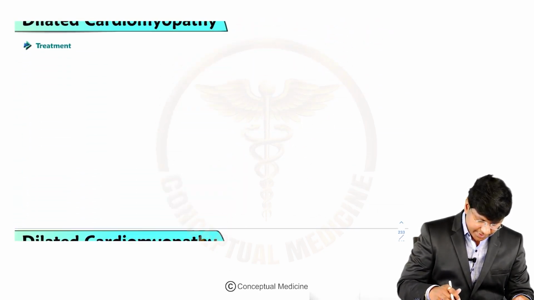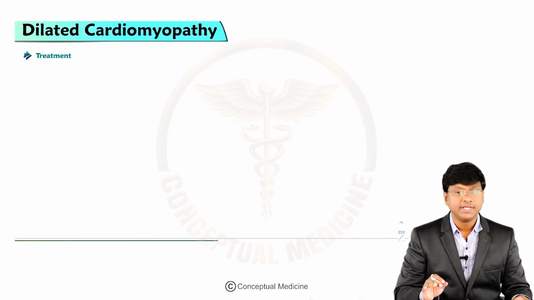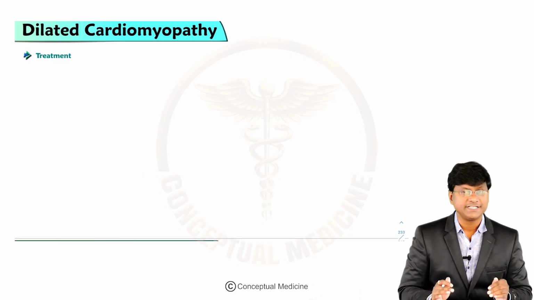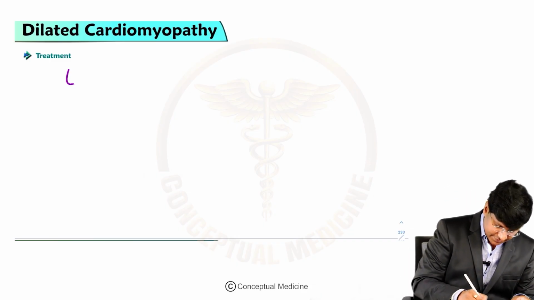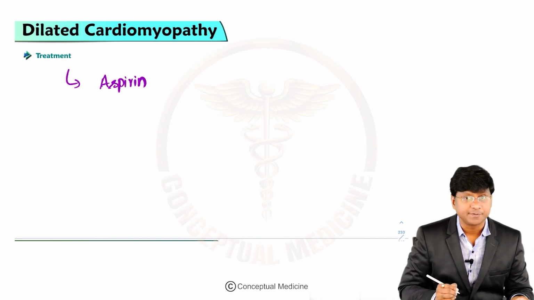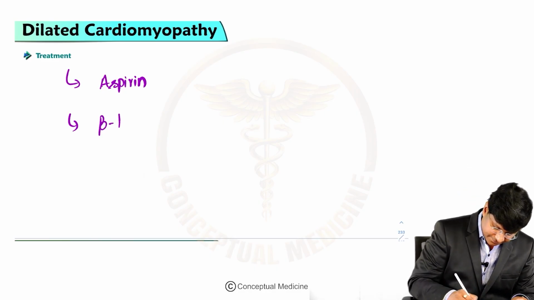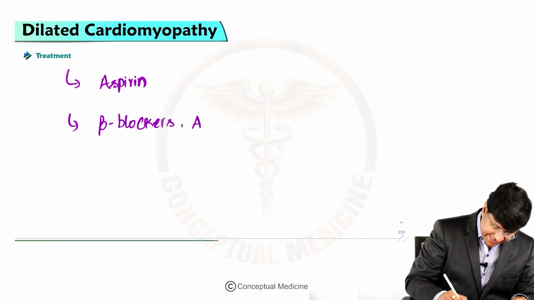Now, how do you treat these patients? Immediate therapy is similar to any acute MI. Most of these patients have to receive aspirin. Then the other important group of drugs to be given are beta blockers and ACE inhibitors.